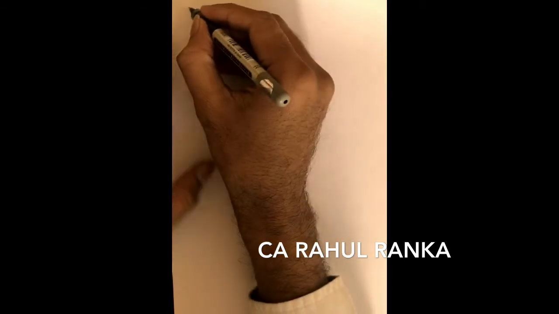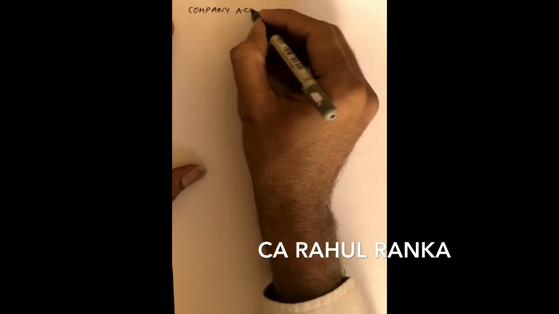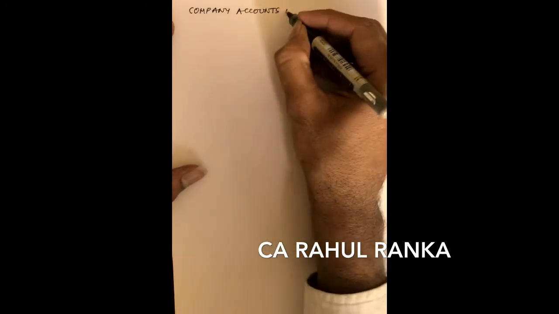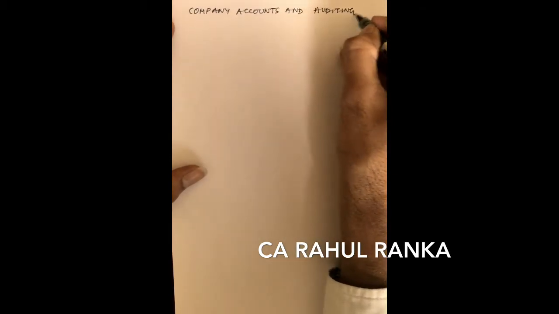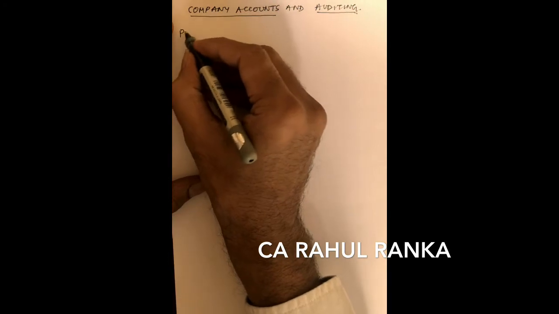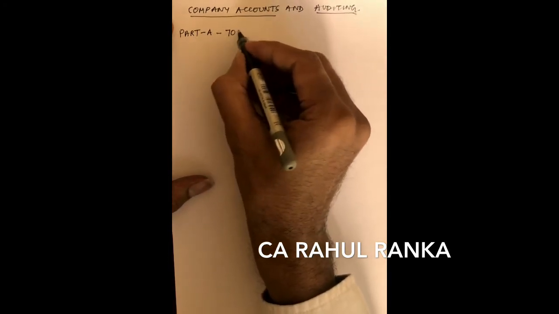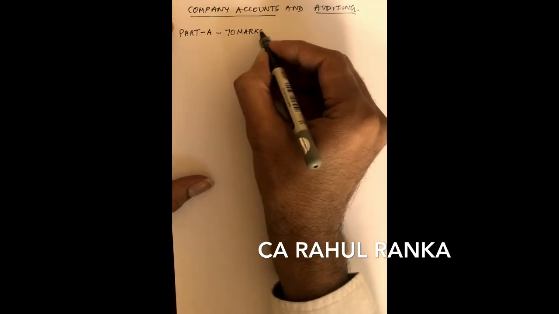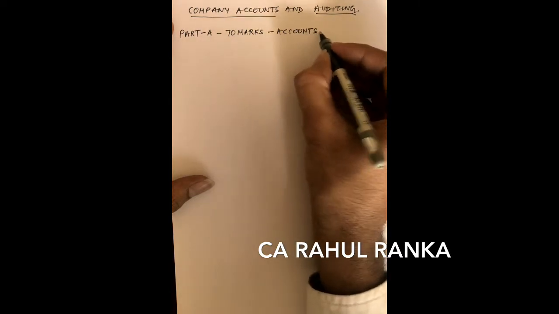Okay friends, so we have this paper called company accounts and auditing. Now in this paper we have part A, which will give you 70 marks, and this is about your accounts.